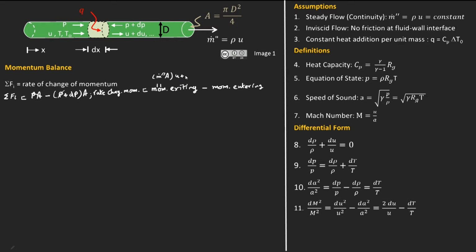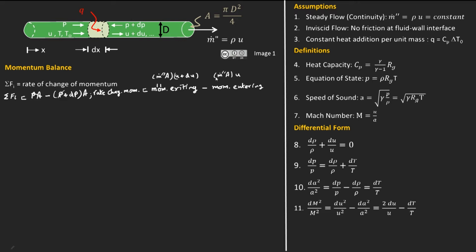This is the momentum flux exiting the control volume. Similarly, the momentum flux entering the control volume is again the same mass flow rate m dot, which is m dot double prime times A, multiplied by the speed with which the fluid is entering the control volume, u.